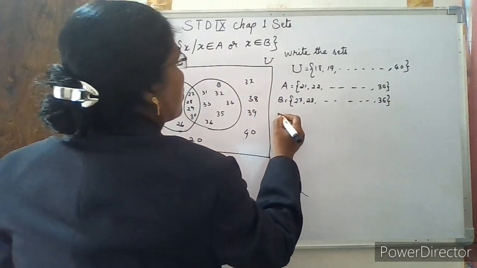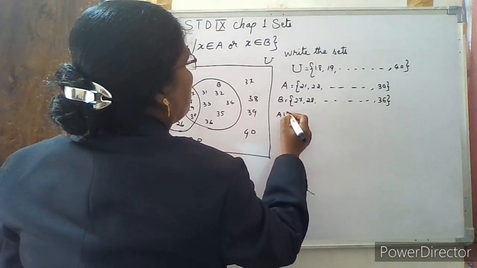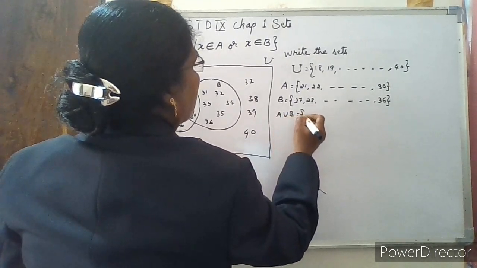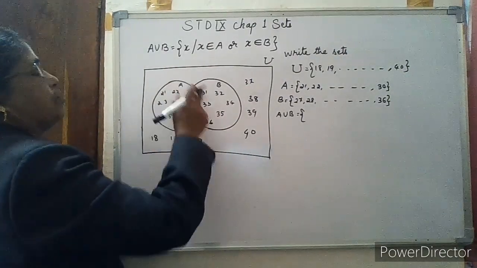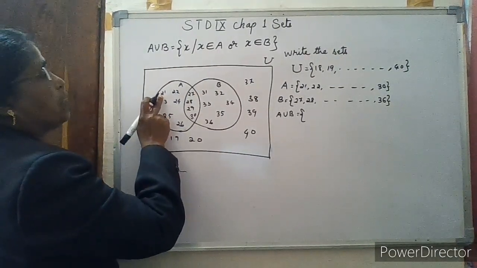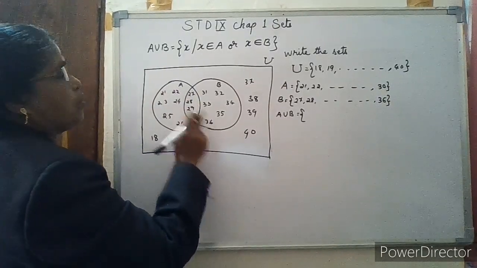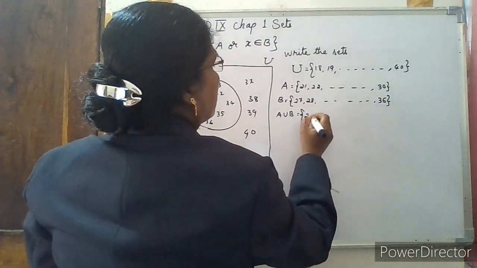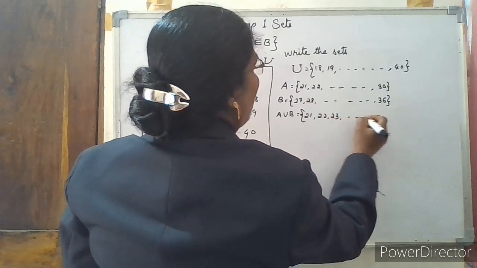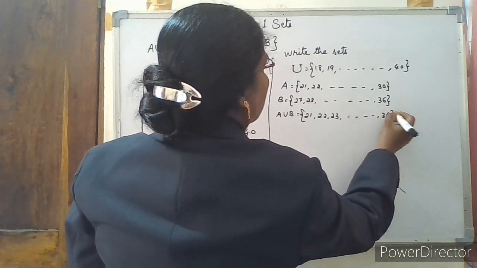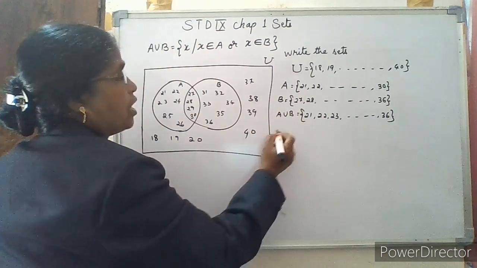Now, A union B altogether: 21, 22 up to 36. It is 21, 22, 23 and so on up to 36. This is A union B.